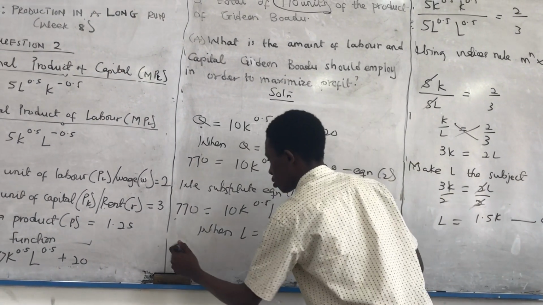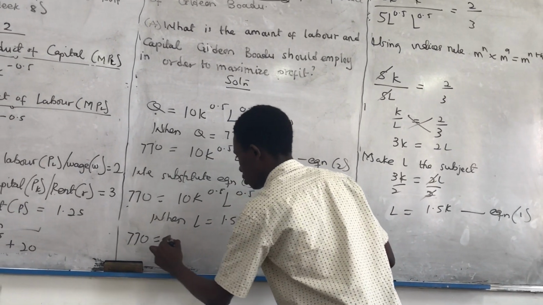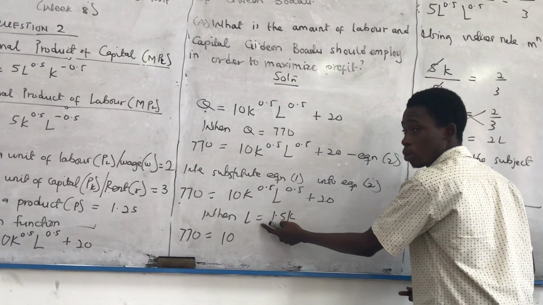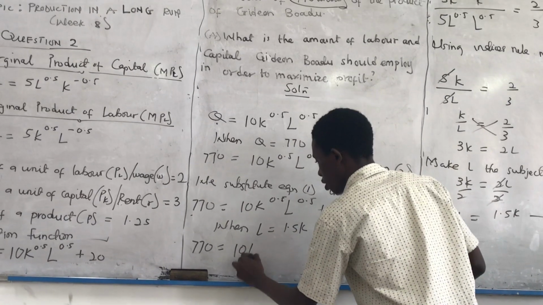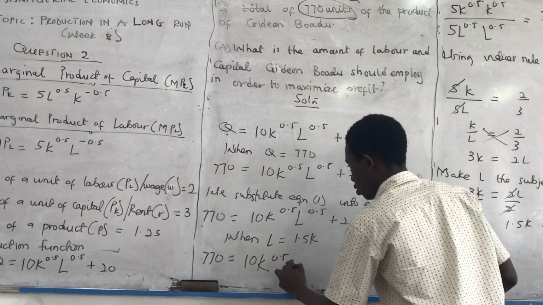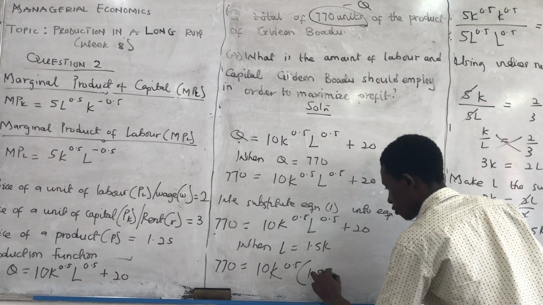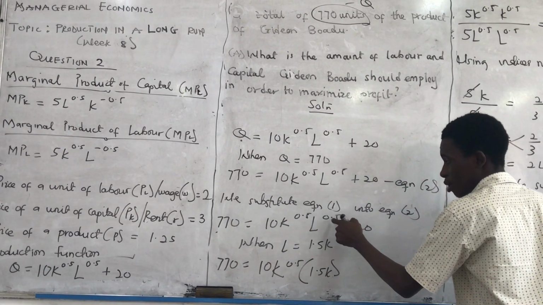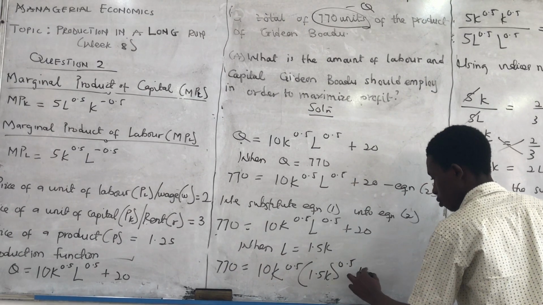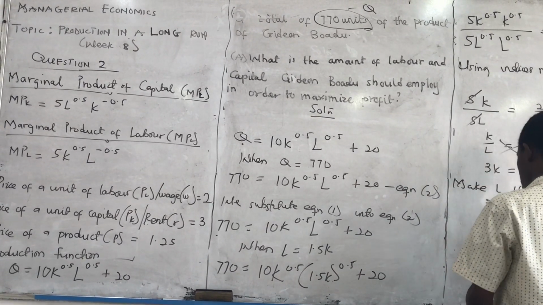So wherever we see L, we put 1.5K. So we have this: 1.5K. Don't forget to bring its exponent, 0.5, plus 20.